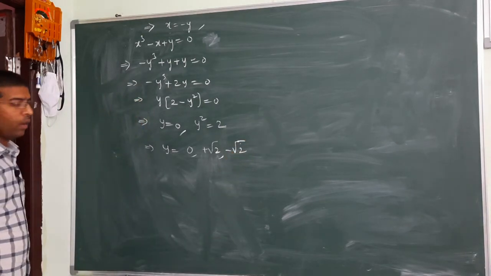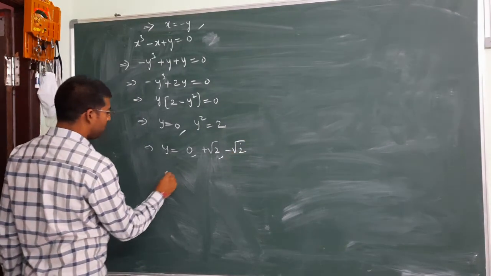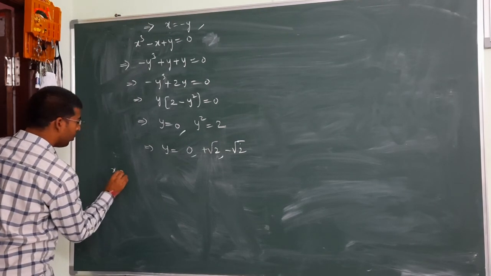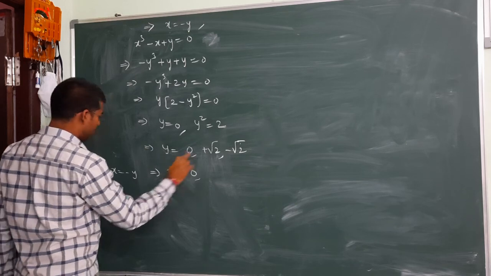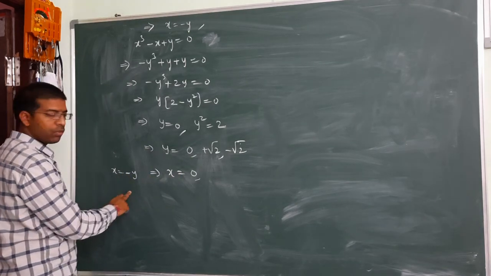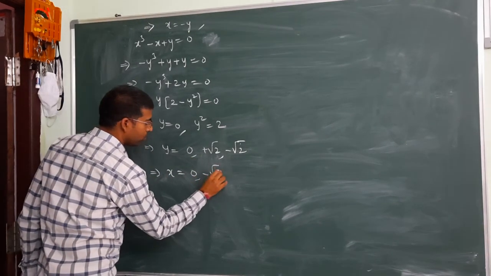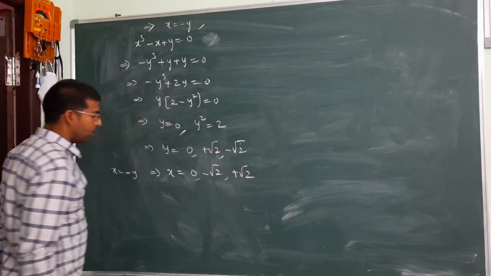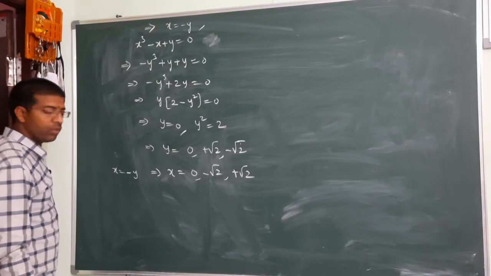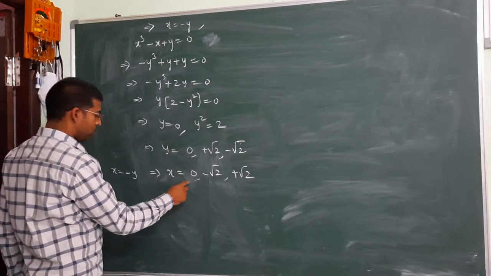Okay, now, what about corresponding x values? We already know that x equal to minus y. So, that implies x value is what? 0 minus y, right? x value is minus y. That means minus root 2. Here minus root 2 will become plus root 2. Therefore, what are the stationary values we got? One is 0, 0.